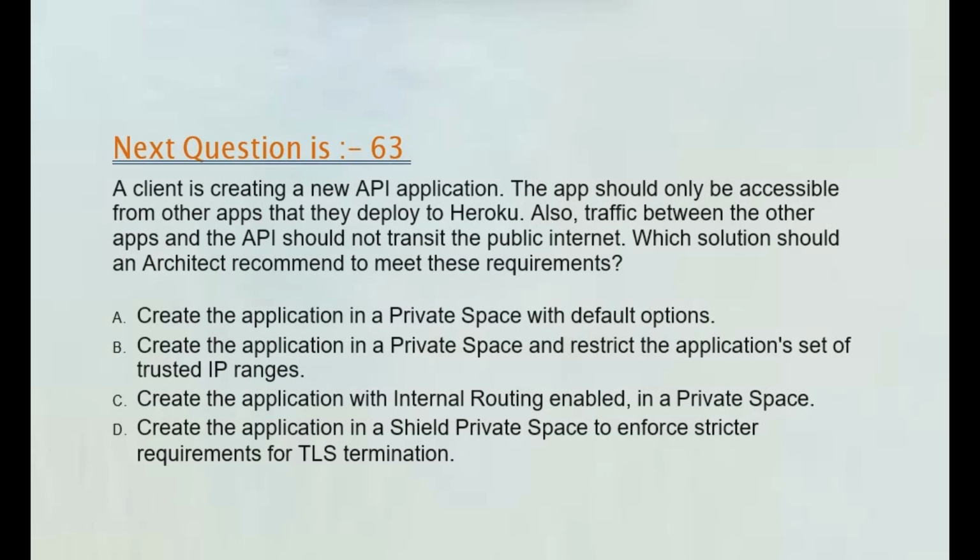Option A, create the application in a private space with default options. Option B, create the application in a private space and restrict the application's set of trusted IP ranges. Option C, create the application with internal routing enabled in a private space. Option D, create the application in a sealed private space to enforce stricter requirements for TLS termination.